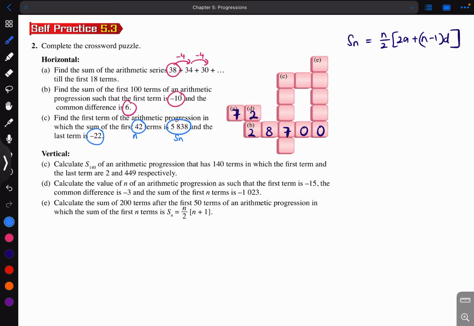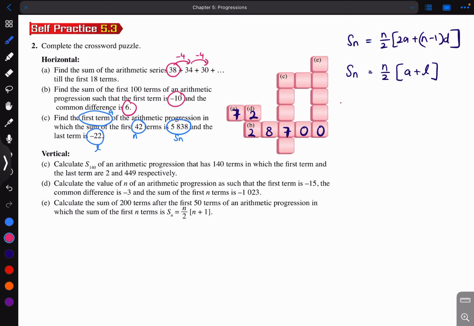And the last term we can call this L. We need to find the first term, which is a. Here we can use the other formula for Sn: n over 2 times (a plus L). So this is another formula we can use to find the sum of the first n terms.